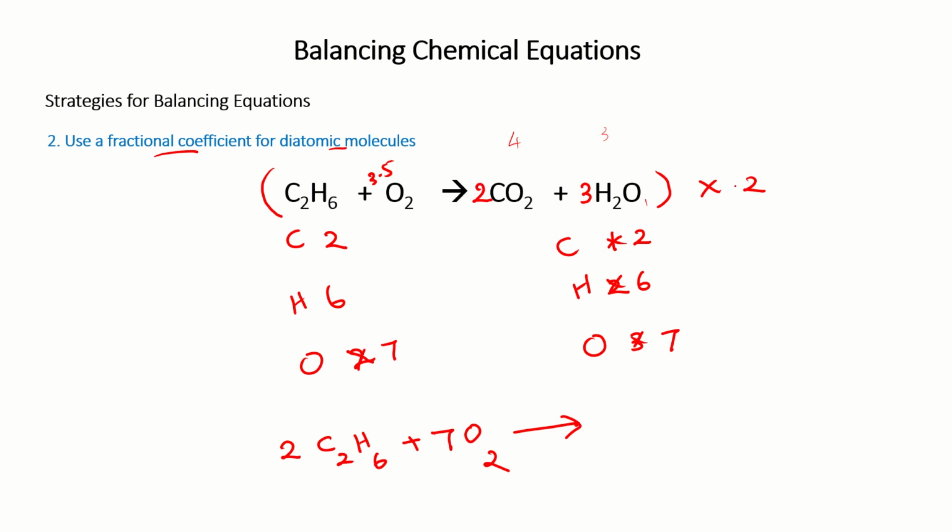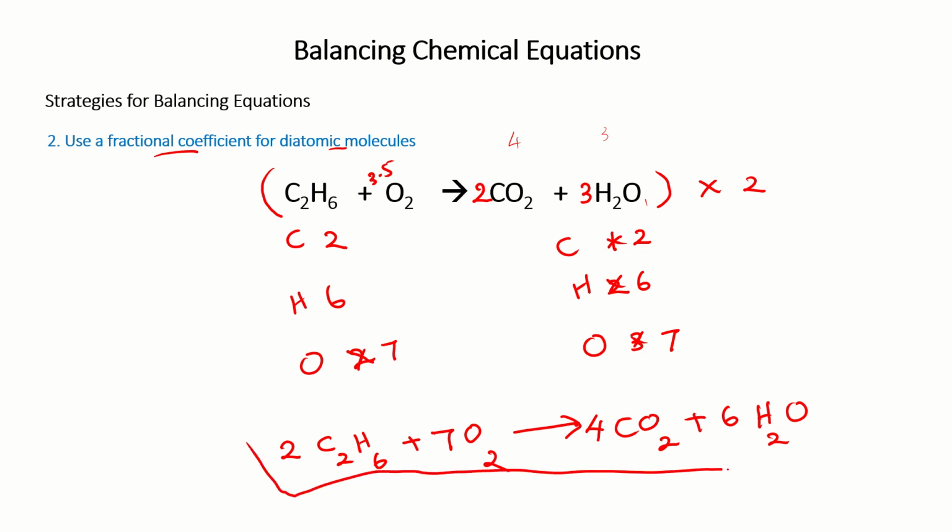You multiply this factor by this coefficient, that is going to lead to a 4 carbon dioxides plus 2 multiplied by 3, that is 6 water molecules. Now this is your balanced equation. Why? This is the equation that shows you the simplest whole number ratio.